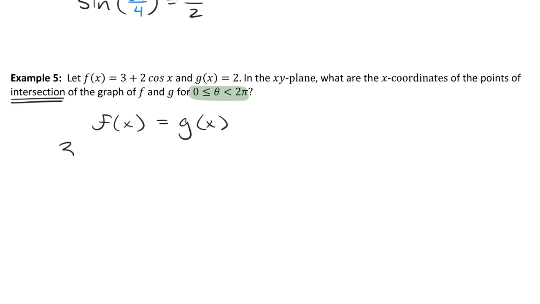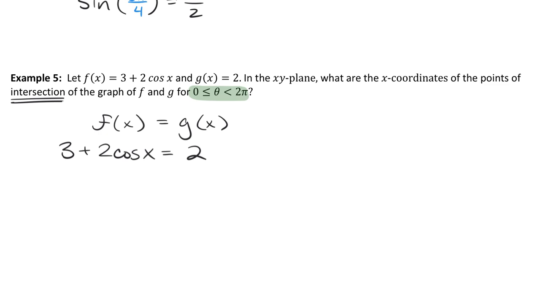So f of x is 3 plus 2 times the cosine of x, and g of x is equal to 2. Now, if this was a calculator portion of this test, you'd put f in y1, g in y2, find the intersection when you change the window between 0 and 2 pi. But because I know how the AP test works, this is going to be on the non-calculator FRQ. So don't quit. We have to practice this.